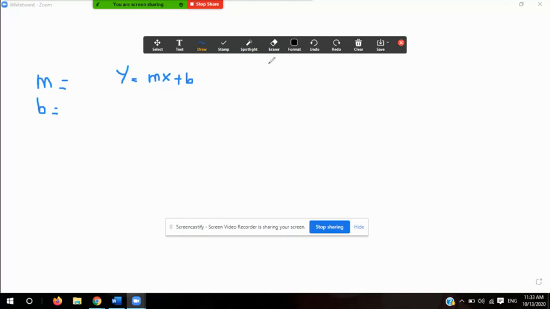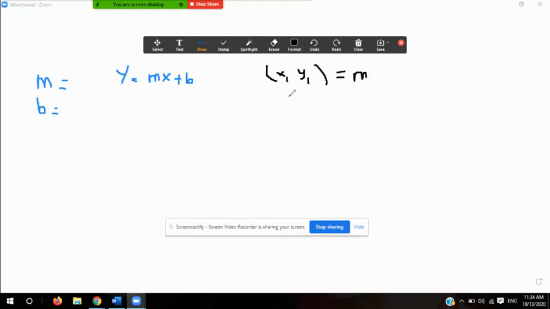Now, what if I give you an ordered pair, x sub 1, y sub 1, and I give you a slope? If I give you an ordered pair and then a slope, whatever number that slope may be, how are you going to write an equation for this graph?